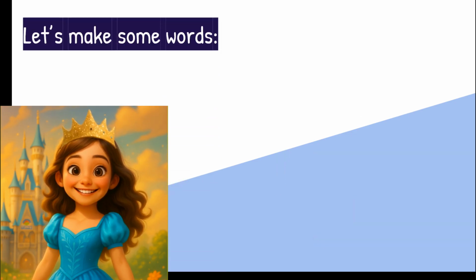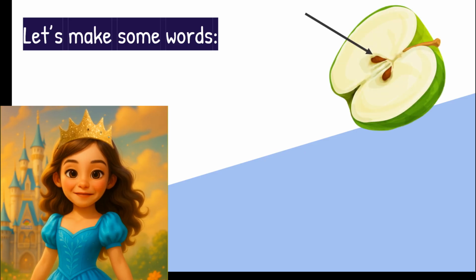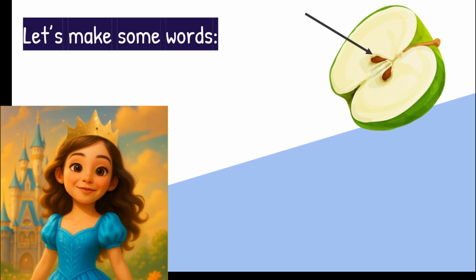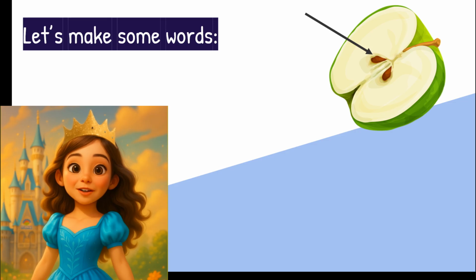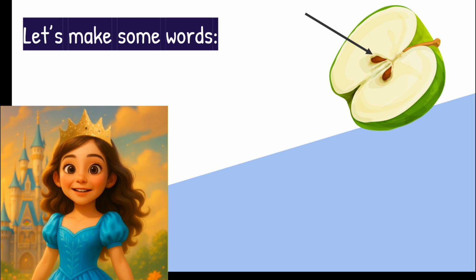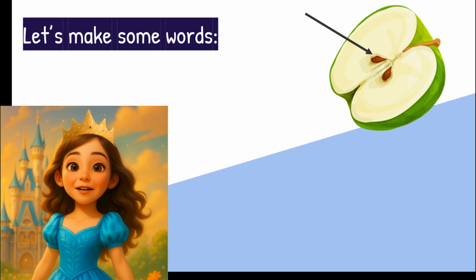Let's try another one. So let's make some words. I wonder, that's an apple, right? But what I'm showing you is the inside of the apple, okay? It's the little seed. There's another way to call a seed. We call it a pip. Pip. How many sounds do you hear when I say pip?